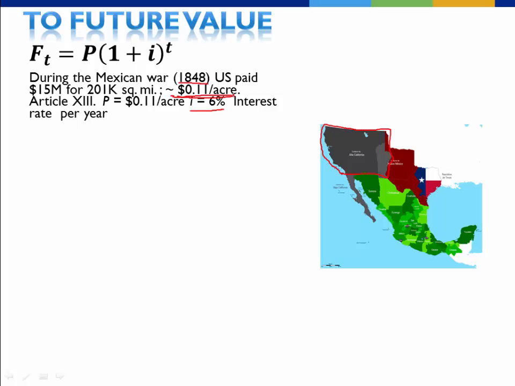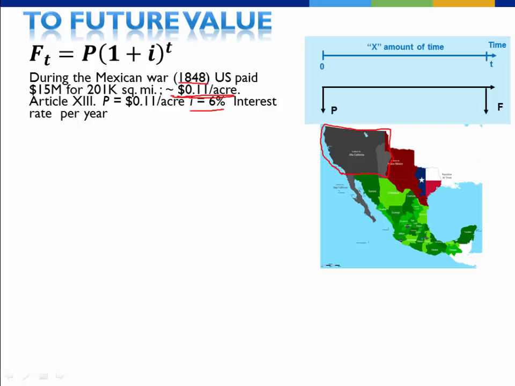So what I'm going to do is to say, okay, I'm going to sit myself here in 1848, and I'm going to say, okay, how much these 11 cents represent now in 2016?